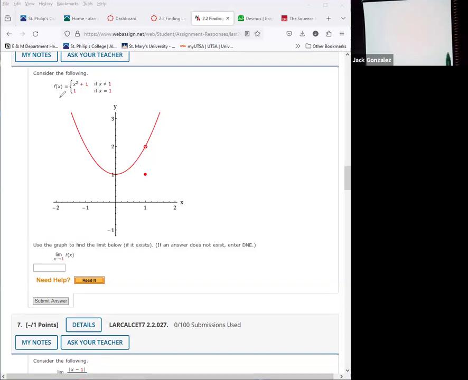So here's a piecewise function. They want to know, if this is f, what happens to f as x approaches 1. So as we get closer and closer to 1, what's the y value going to?